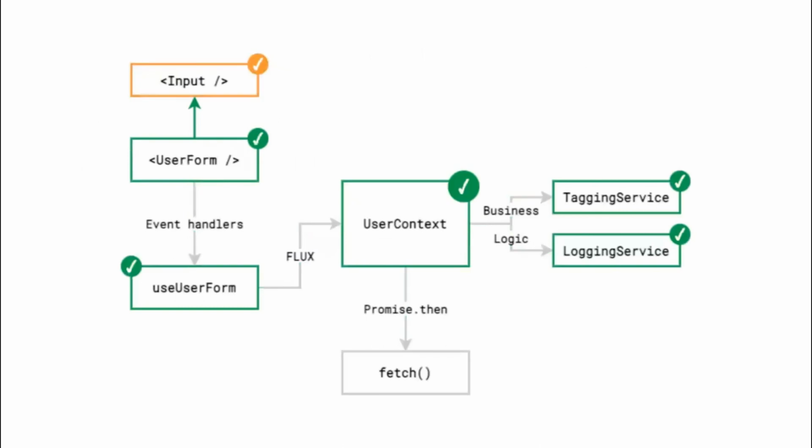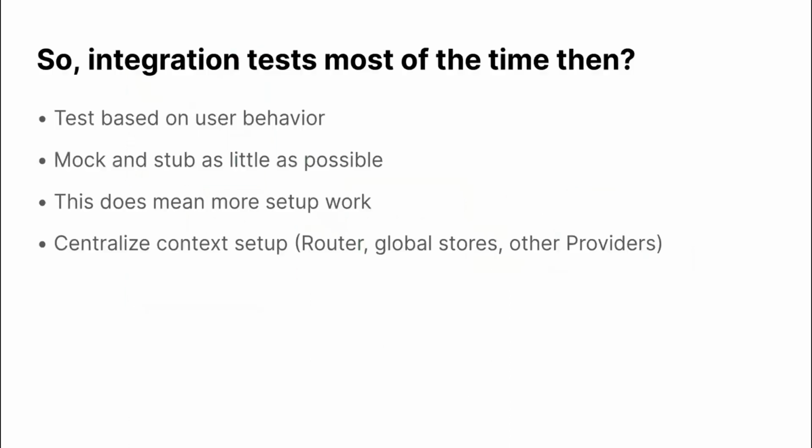So if you have a unit test set up, you're mocking everything around that unit to test that unit in isolation, right? In our case here, we're still mocking something, which is the fetch API. Since we don't actually want to make those external API calls, that is not interesting for us. It makes the test slower and everything. So we will mock some stuff, but not as much as you would in a unit test environment.